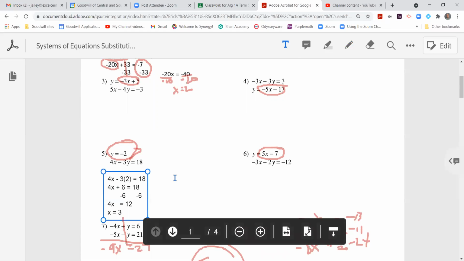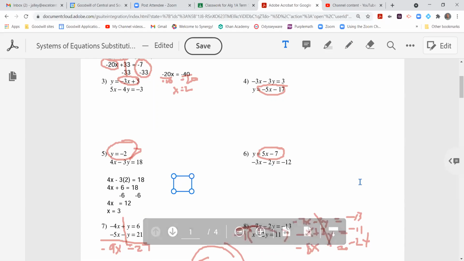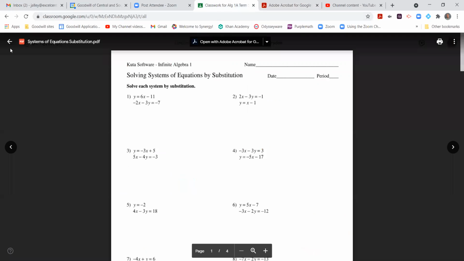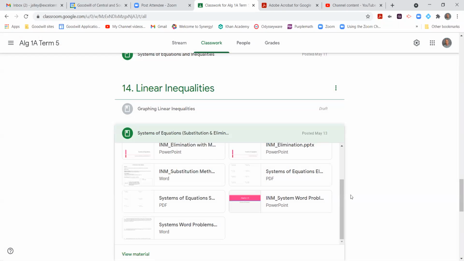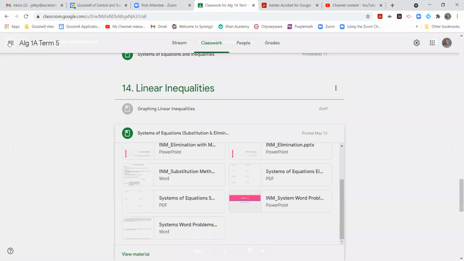So part of your task in this unit, honestly, is to figure out where you're going to use each kind of solution technique. Okay, so back, let's see, no, not that one.